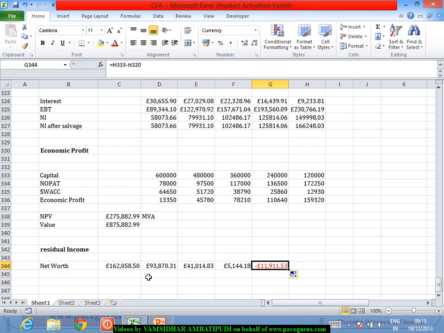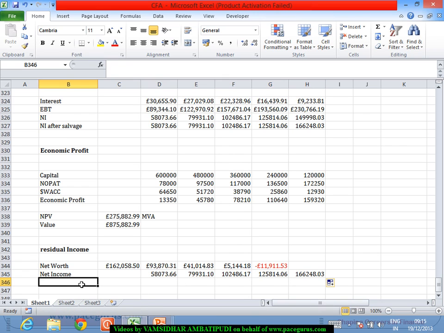Now when I am trying to compute the return, it is computed based on the 17%, right? So first I will take the net income for each of the years, which is nothing but the residual income. From here I will compute the residual income. So the net income, which is from the economic income, we are taking it as these are the net incomes of each of the years. Fair enough.